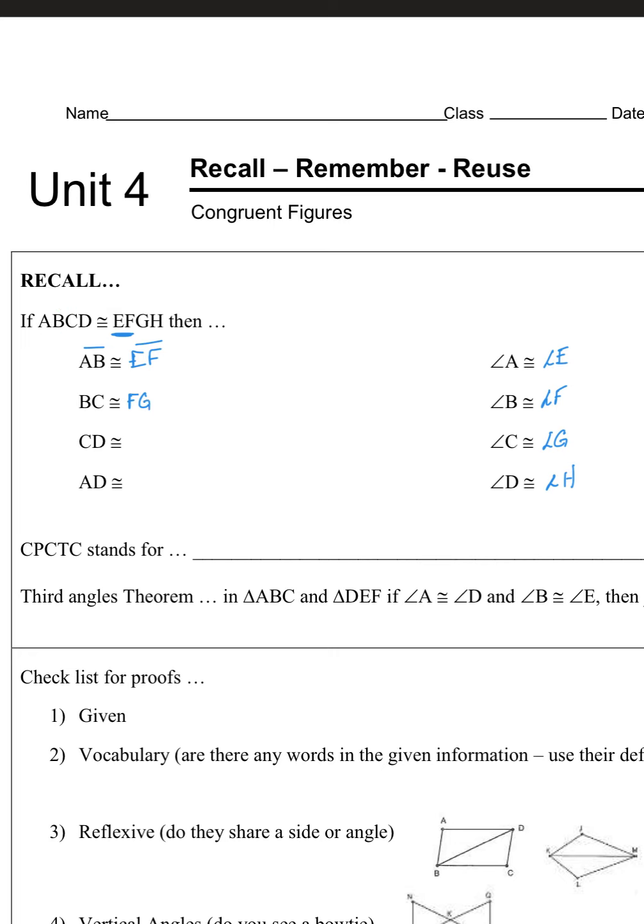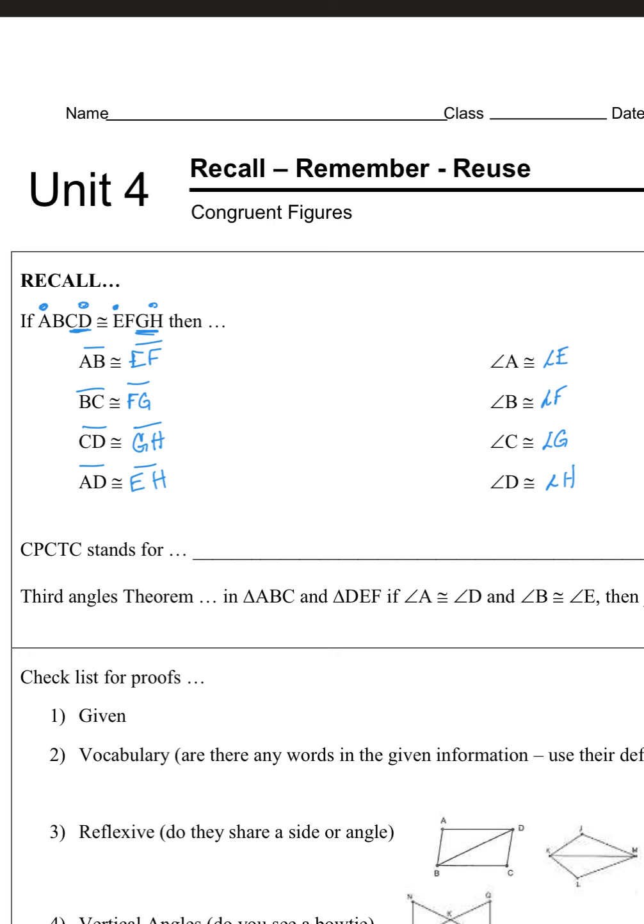Your next two letters would be CD, which is the last two letters, which is GH, the last two letters. And then the final piece would be the first letter and the last letter. So first and last, which would be, yes, which would be EH.